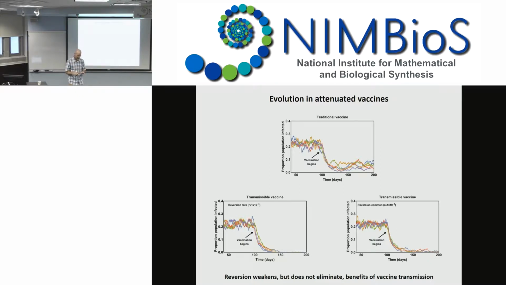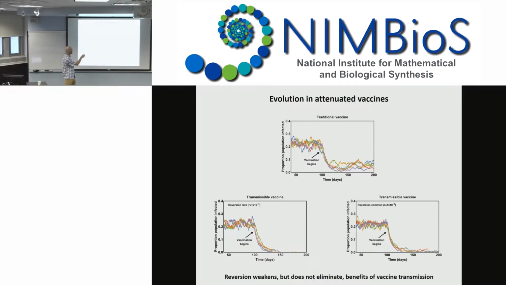What I'm going to show you here are the results of stochastic simulations that compare the population level consequences of a traditional vaccine up here in the first plot with transmissible vaccines. What you're looking at is the proportion of the population that's infected with the pathogen. There are 5 different replicate simulation runs across time.